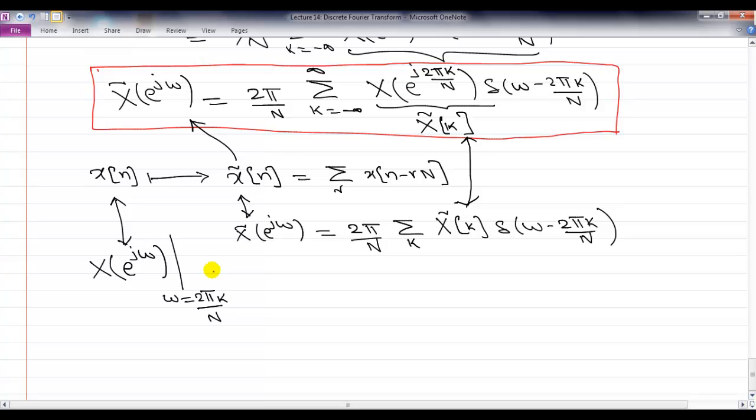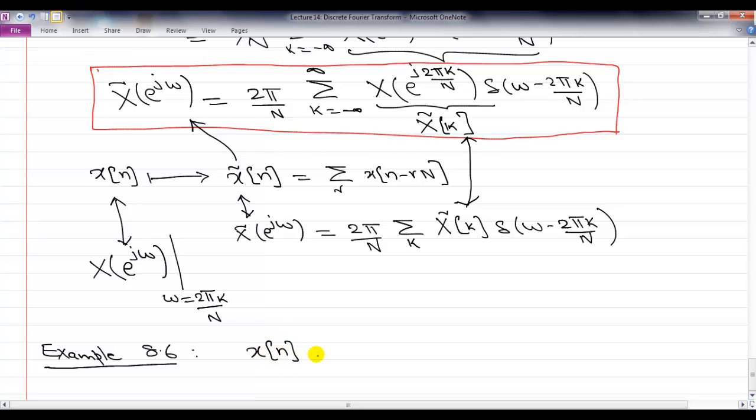Okay. So, for example, let's take the example which is example 8.6 in your text.